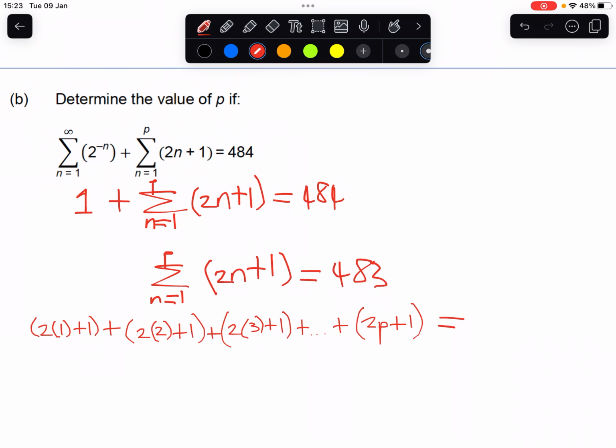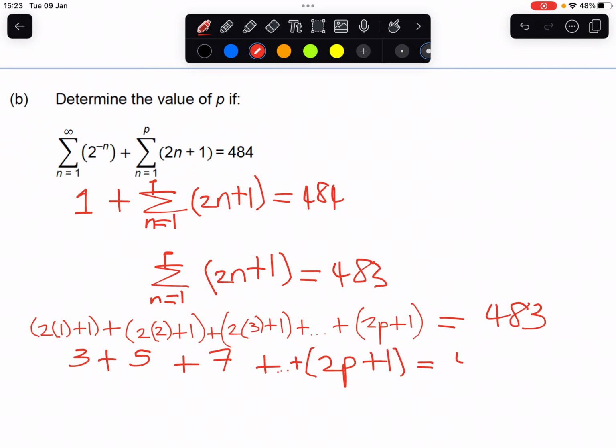Is equal to 483. Right, so let's just simplify each of these. So this is 3 plus 5 plus 7, and the last term, 2p plus 1, is equal to 483.